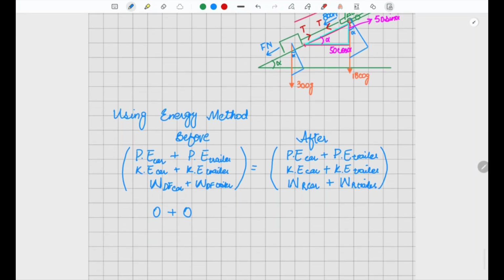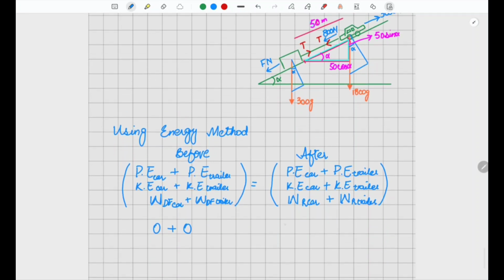So the potential energy of the car afterwards would be mg times 50 sine alpha, and the same goes for the trailer, mg times 50 sine alpha.